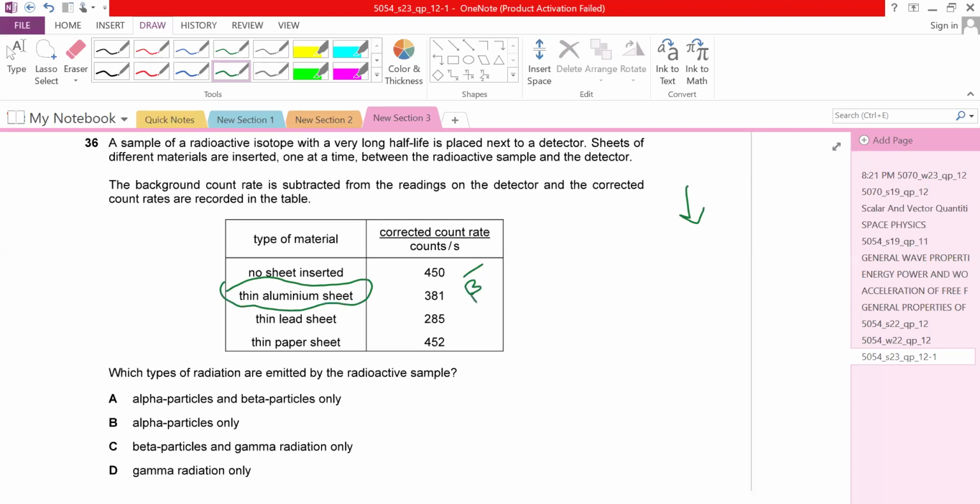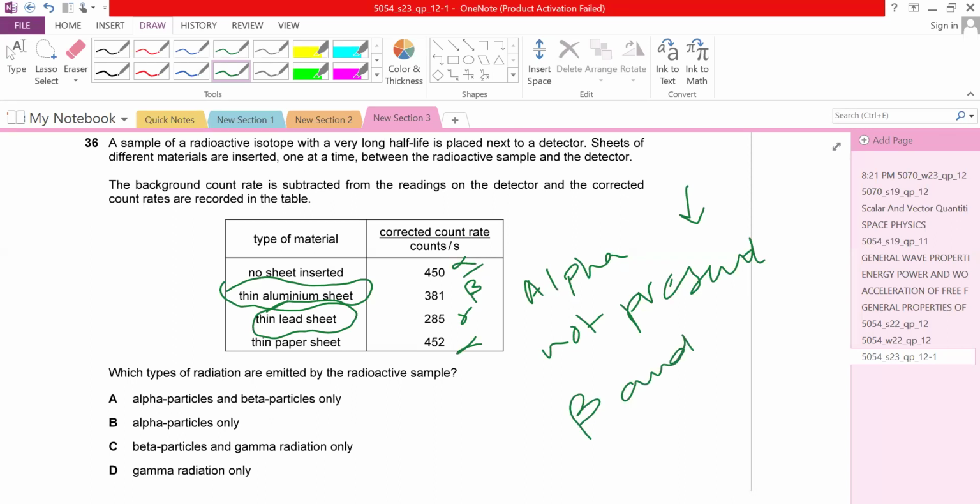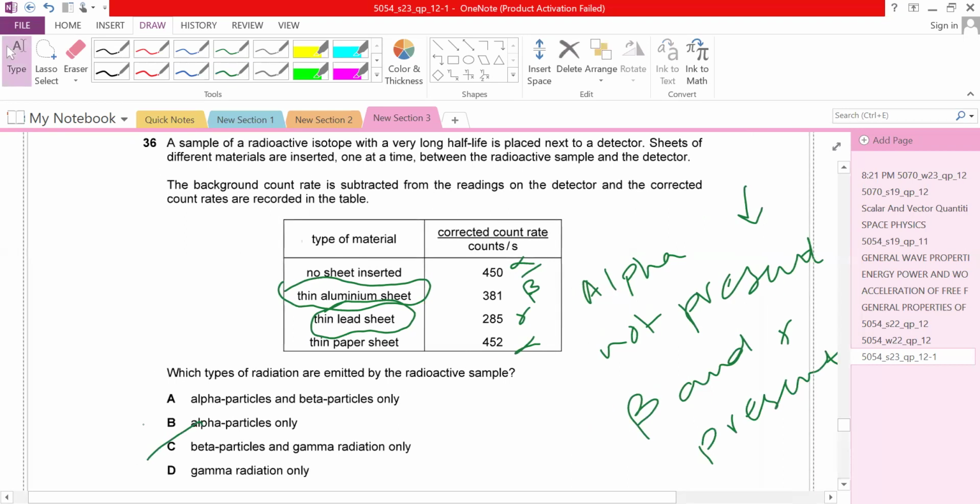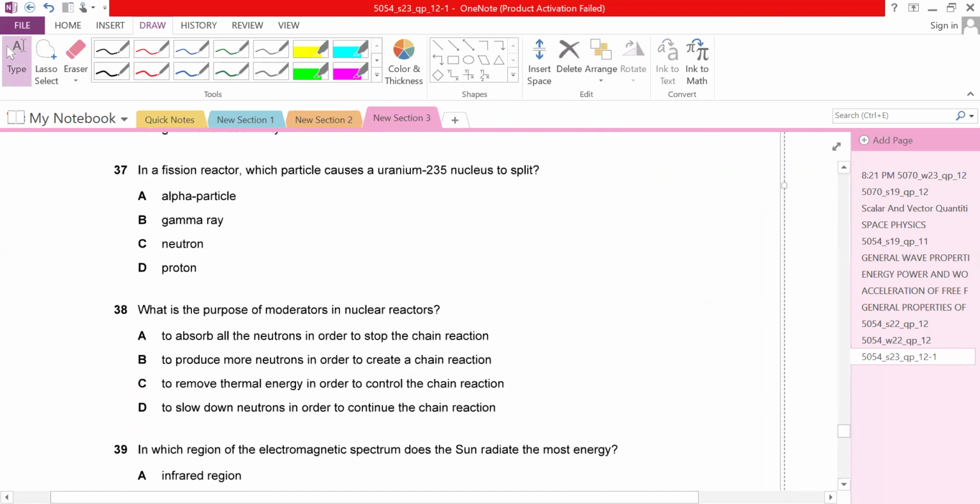When a thin lead sheet is inserted, the count rate also decreases, which means gamma radiation is present. With a thin paper sheet, the count rate doesn't decrease, which means alpha is not present, while beta and gamma are present. So the correct option for question 36 is C. Beta particles and gamma radiation are the only ones present.